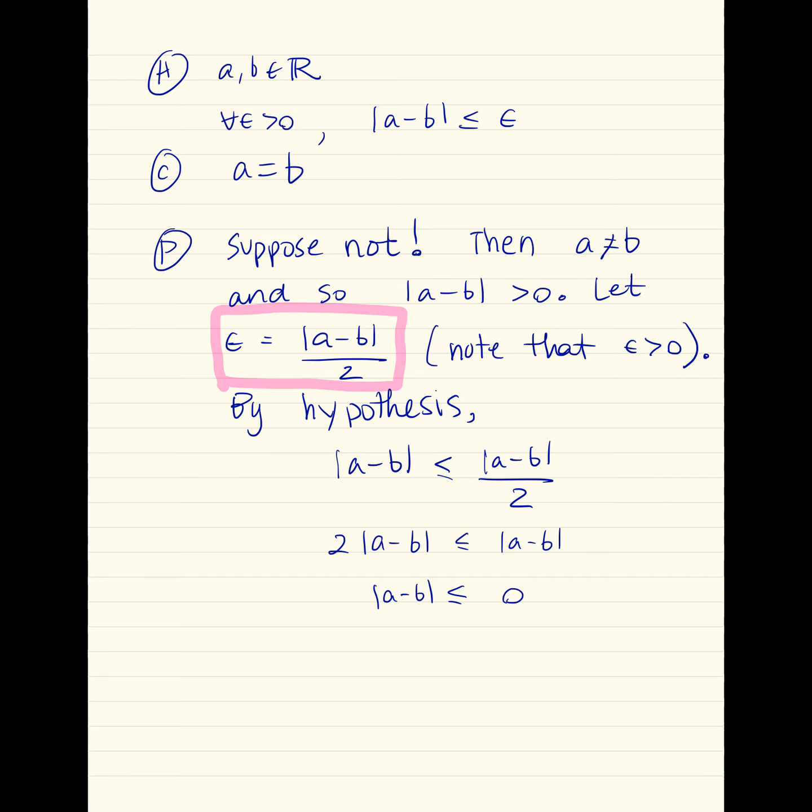We get a contradiction because up here we said that the distance between A and B was strictly positive. So it must be that A is equal to B. And we're done.